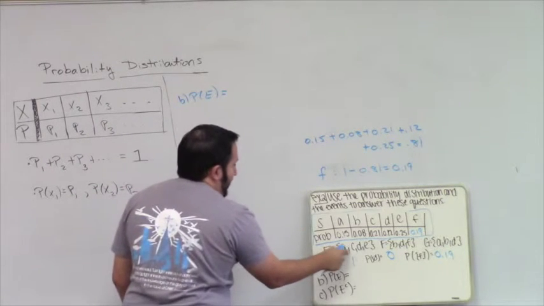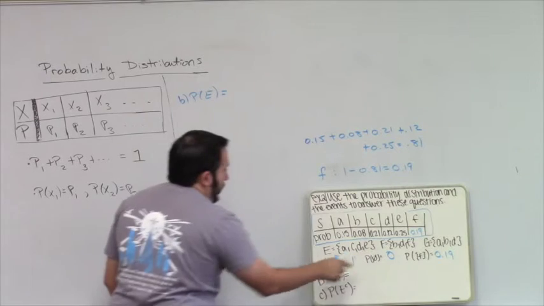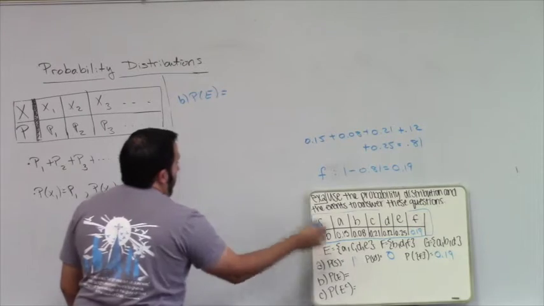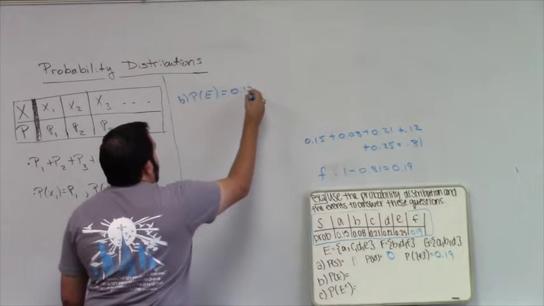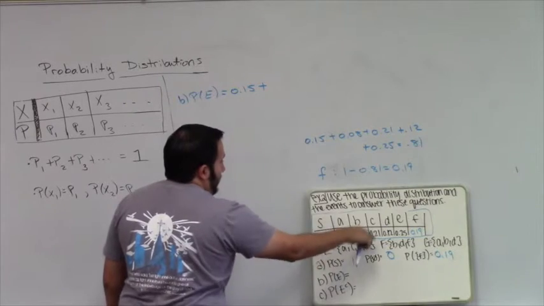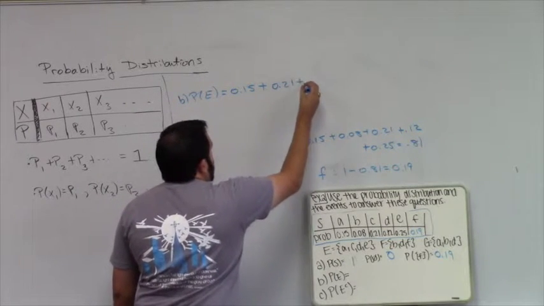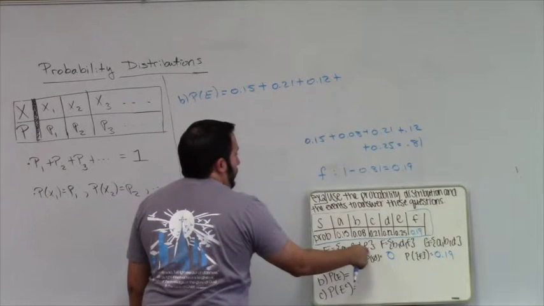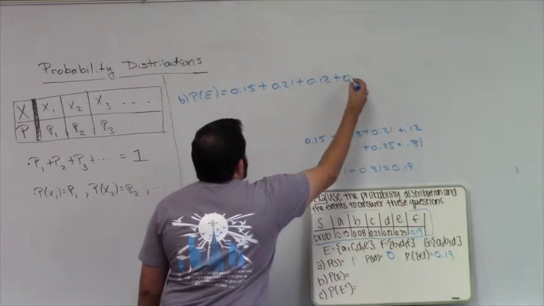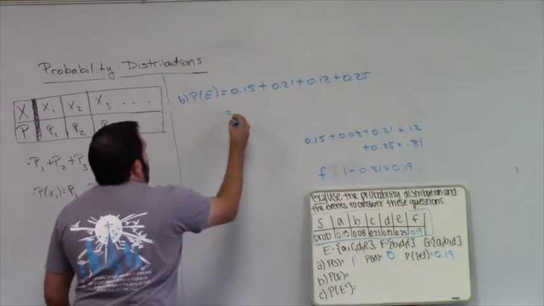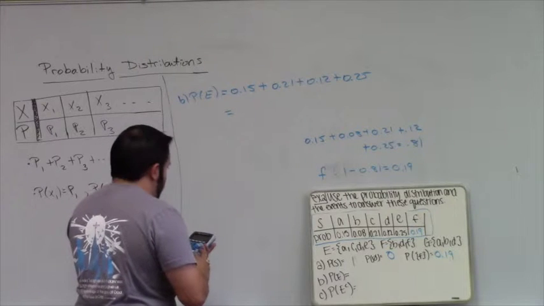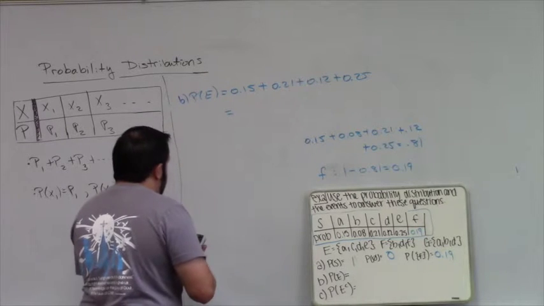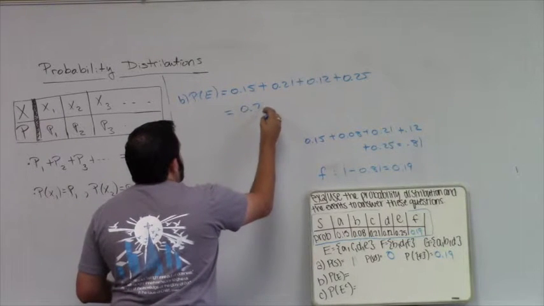If the set E is A, C, D, E, you're going to add up all the probabilities of A, C, D, and E. So the probability of A is 0.15, plus the probability of C is 0.21, plus the probability of D, 0.12, plus the probability of E, 0.25. Adding all of these together, you get 0.73.